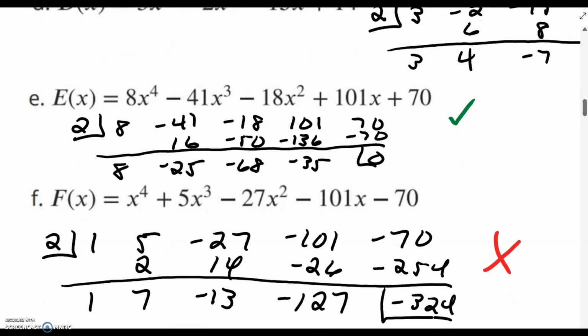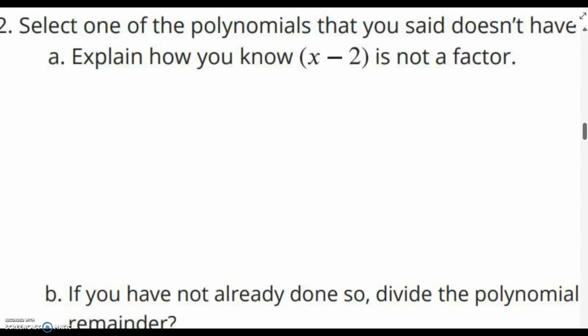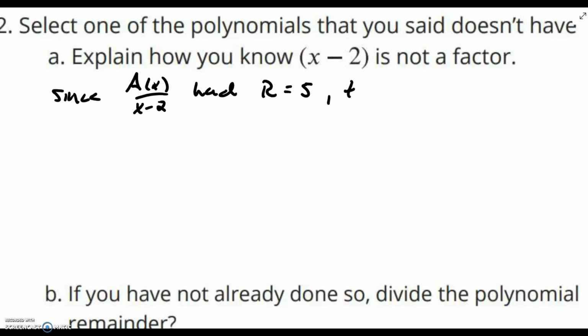So we can say that, since a of x divided by x minus 2 had remainder equal to 5, then x minus 2 is not a factor.